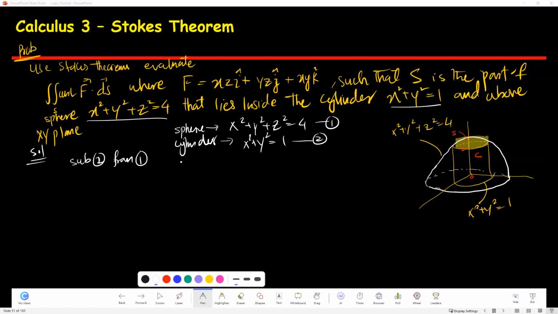Subtracting 2 from 1, it's going to be z squared equals 3 and z equals plus or minus root 3. So I'm only interested in the plus, since z is positive.